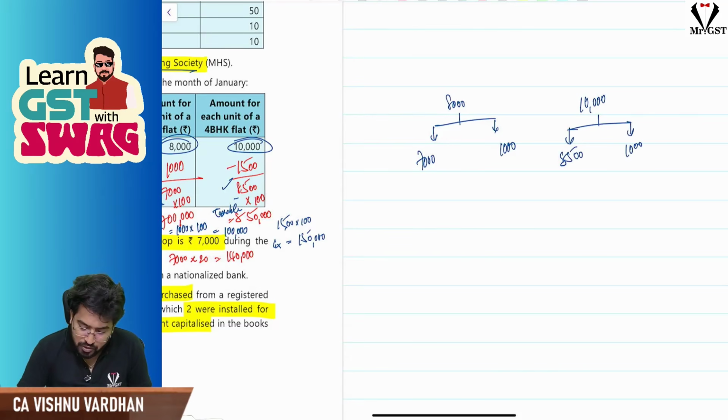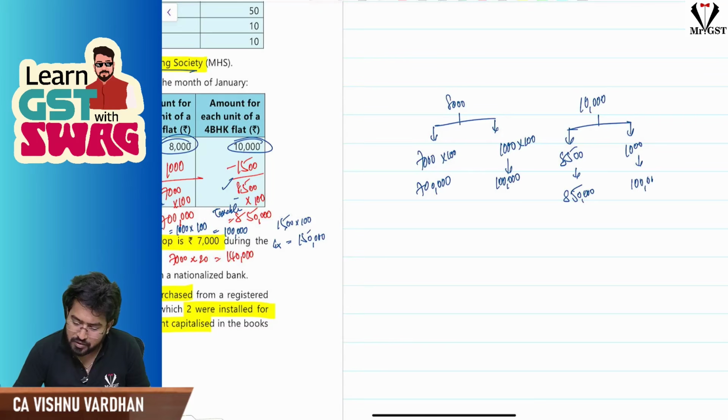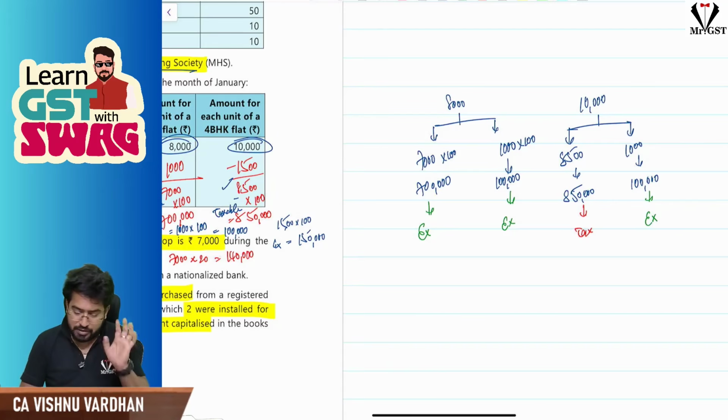So into 100 flats, there is 7 lakhs here, 1 lakh here, 8,50,000 here and 1.5 lakh here. If you see, this is exempt, this is exempt, this is exempt, and this is taxable. That is the point here.